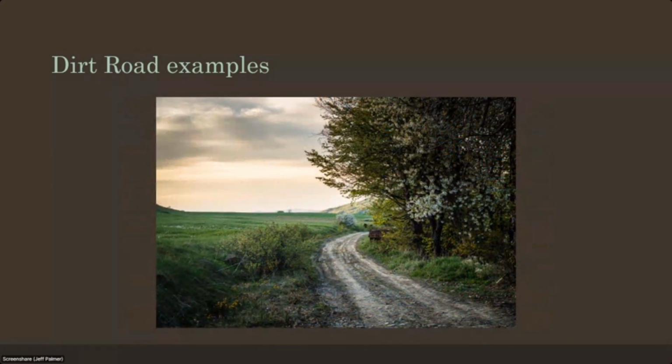Country roads. This is more the type of road that I grew up around. And this is not untypical. Again, this is a one-lane road. Most of the time, it's got some kind of gravel or rock or whatever that's been hauled around and placed on it over time. But it was basically a dirt road.